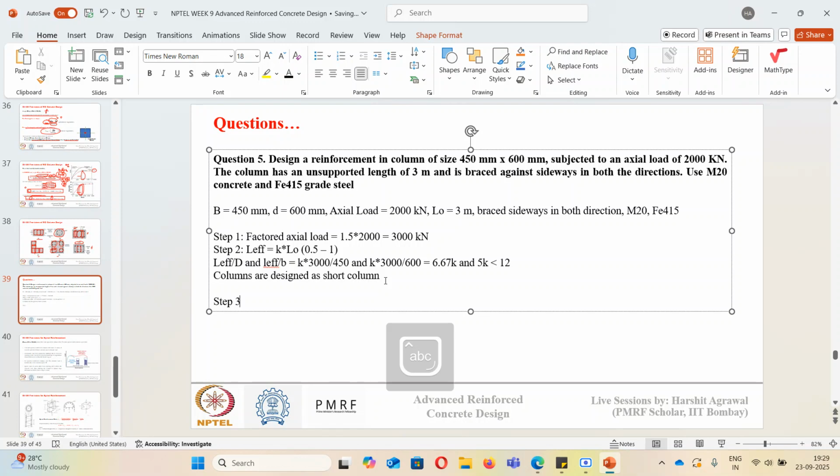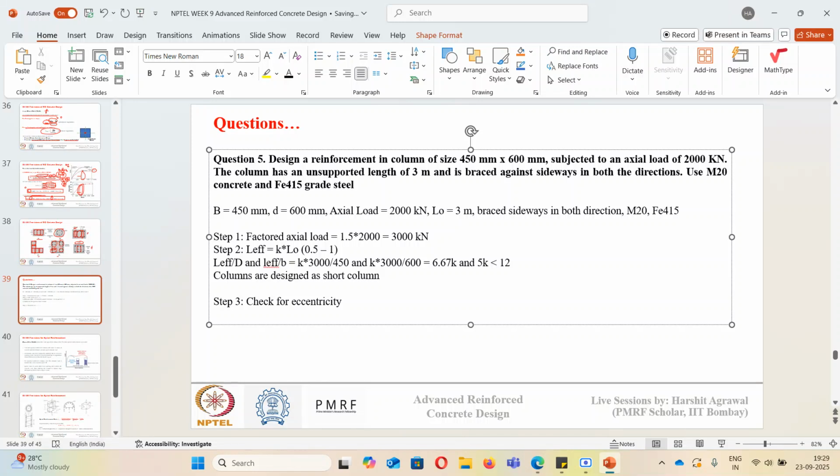Now step 3, it is to check for eccentricity. Okay, so you will check E minimum in Y direction, it will be maximum of 20 or L naught by 500 plus D by 30, that is 3000 by 500 plus D by 30.